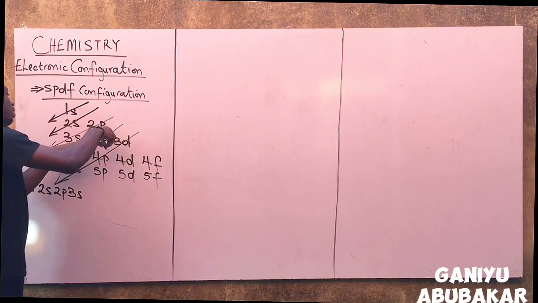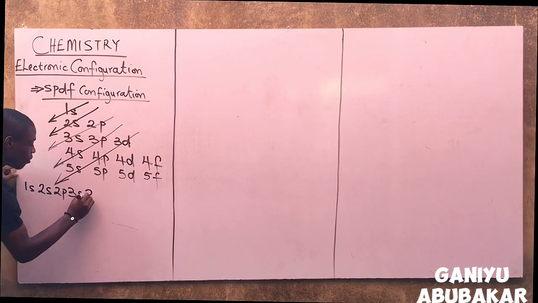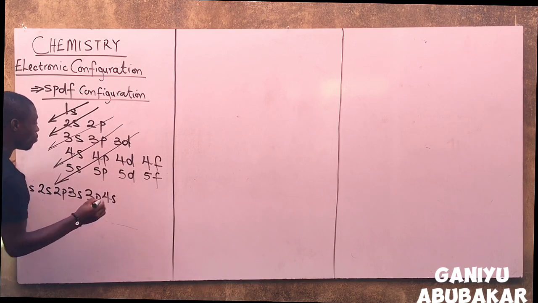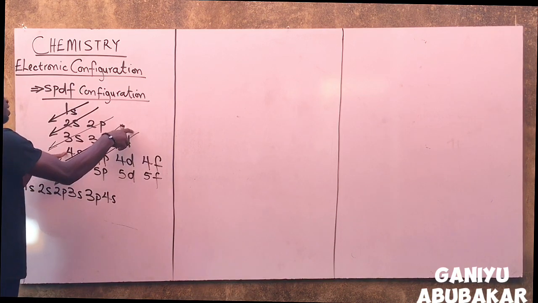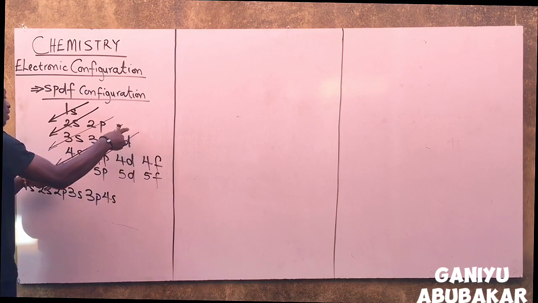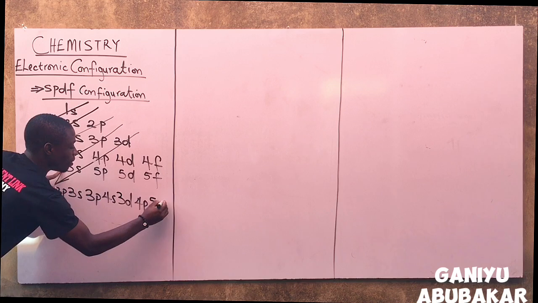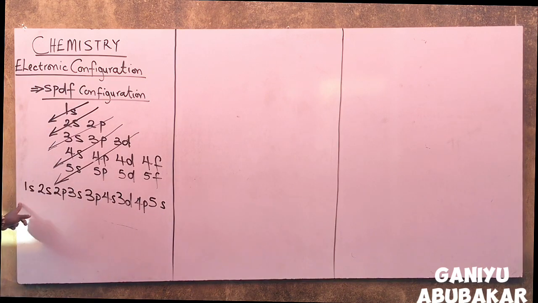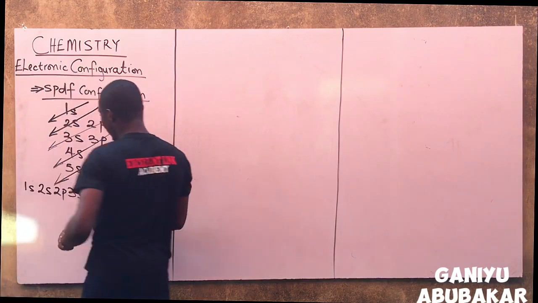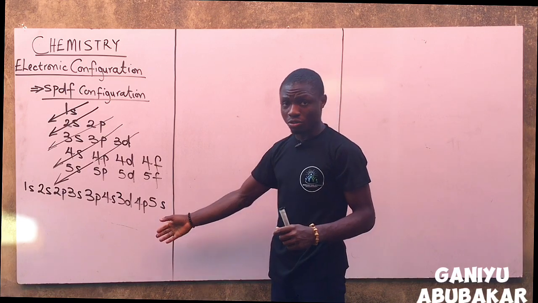Next up, 3p, 4s. Next up, 3d, 4p, 5s, right? So this is like the pattern of number that SPDF follows, right?